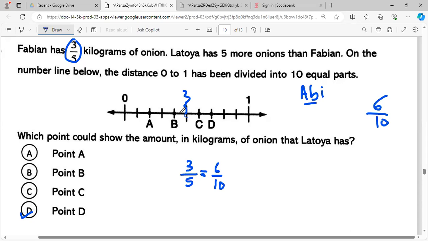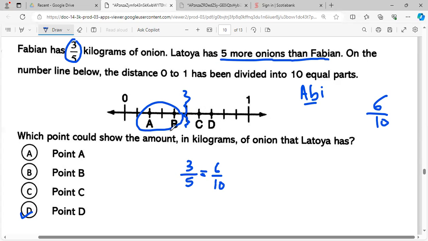So already we can eliminate these two because they say that Fabian has 3/5 kilograms of onion, Latoya has 5 more. You know why they tell us that Latoya has 5 more? They didn't say 5 more pounds or 5 kilograms. They want you to know that it's actually heavier than what Fabian has. So all we have to do is figure out the point 3/5.